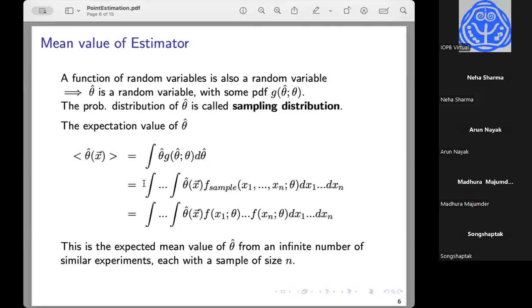Assume that you have a sampling distribution. Then the expectation value of this theta hat, or the population mean, you can compute. You can write it as the integral of theta hat times g of theta hat d theta hat, right? Now you know from earlier that if a is a function of x, then the integral of a f of a dA is the same as the integral of a f of x dx.